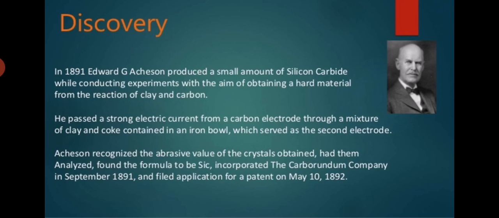He passed a strong electric current from a carbon electrode through a mixture of clay and coke contained in an iron bowl, which served as the second electrode. Acheson recognized the abrasive value of the crystals obtained, had them analyzed, found the formula to be SiC, incorporated the Carborundum Company in September 1891, and filed an application for patent on May 10, 1892.